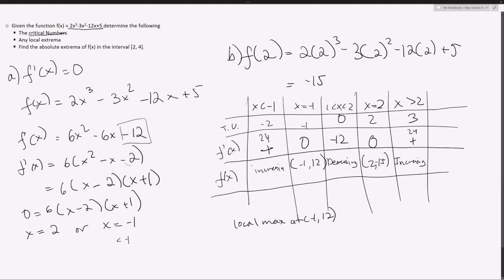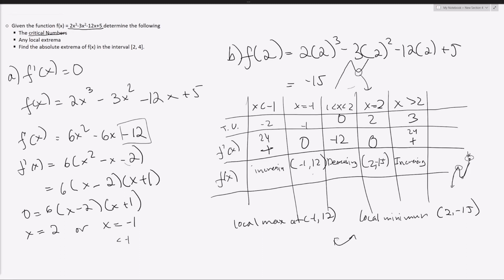Then over here, we were decreasing to increasing, or from a negative to a positive, which would mean a local minimum at x equals 2, so at 2, -15. So this is the procedure you need to go through to figure out a local maximum or a local minimum.